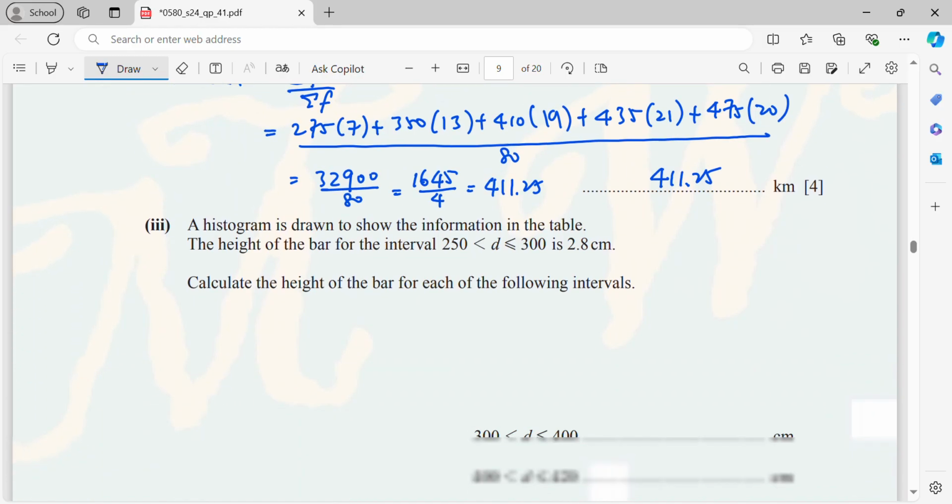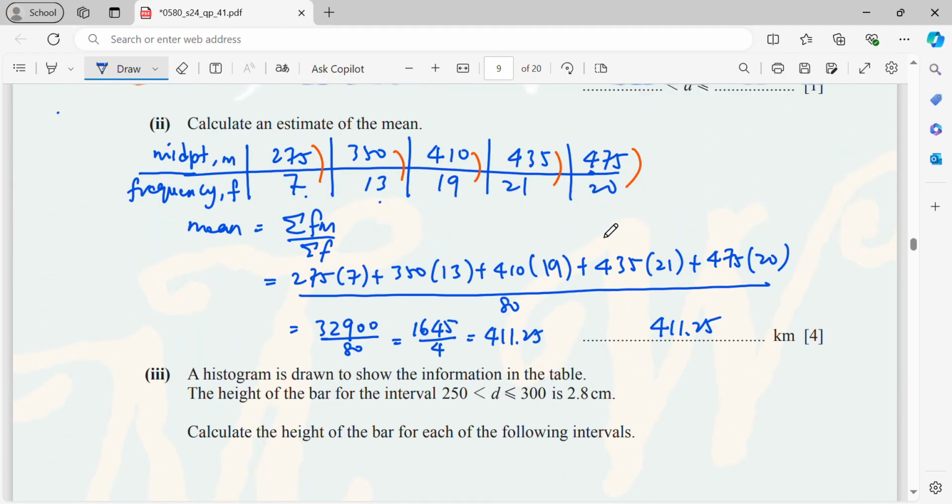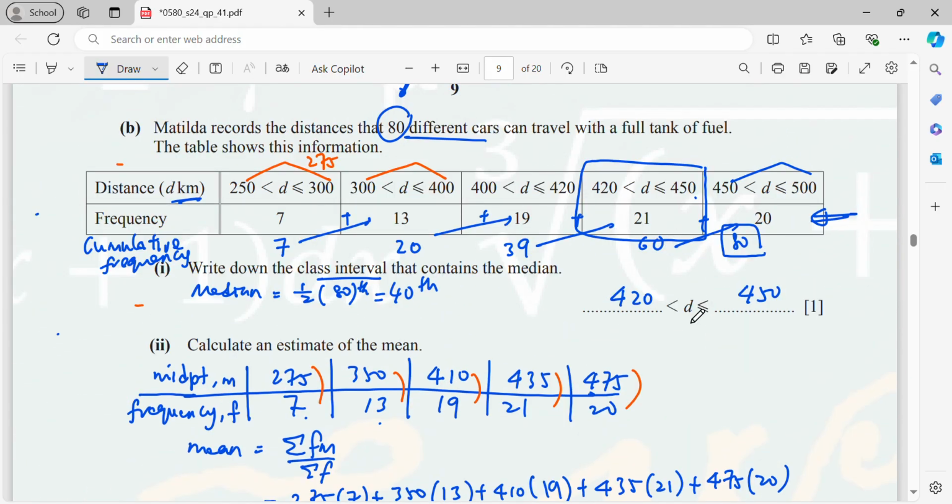Next part: a histogram is drawn to show the information in the table. The height of the bar for the interval between 250 and 300 is 2.8 centimeters. Calculate the height of the bar for each of the other intervals. For this case, I need to get the frequency density.